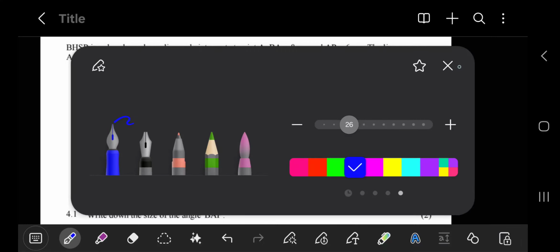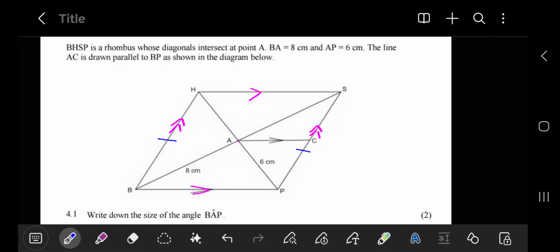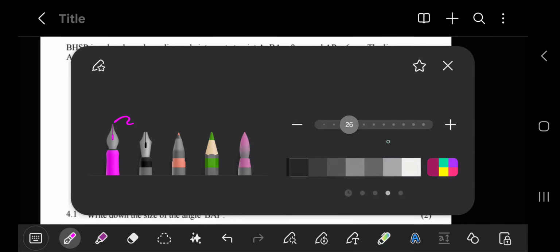We know that all sides are equal. And one more thing I need you guys to notice is that they told you that this line BP and AC are parallel to each other. There are a few other properties that we know as well. We can fill them in as we go along, as we need them.